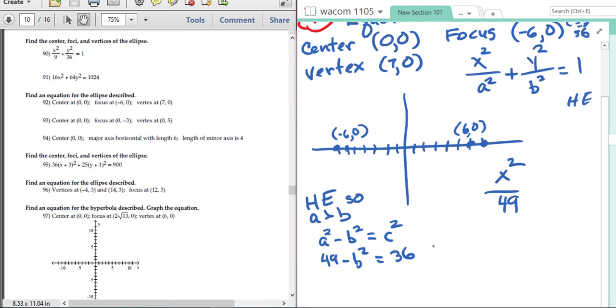I would tend to move the b squared and move the 36. You don't have to do that. So if I do 49 minus 36, this gives me 13 equals b squared. And for the equation, that's actually what I need. b would be the square root of that, but down here I have b squared, so I can just put the 13. And I'm good. That is your equation of the ellipse.